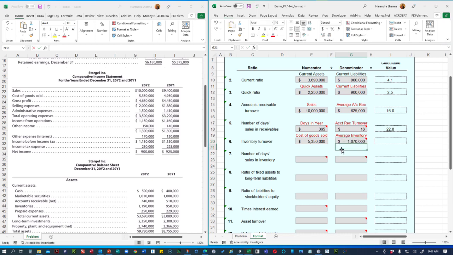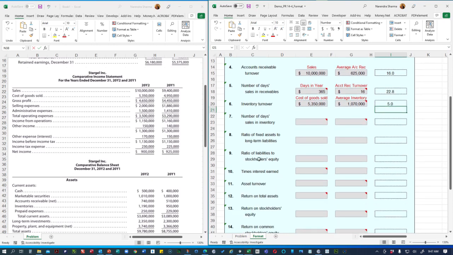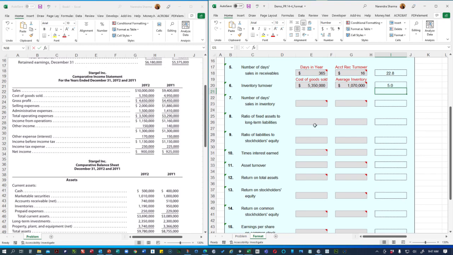So that will give you 1,070,000. So that will be your average inventory. So cost of goods sold divided by average inventory is your inventory turnover. So that means I'm rolling my inventory 5 times a year. Okay, so that will be your inventory turnover.